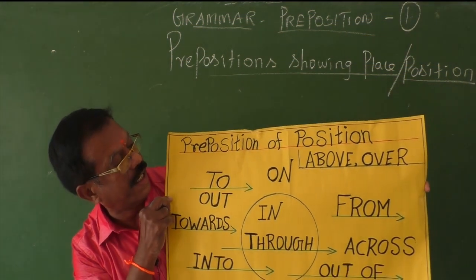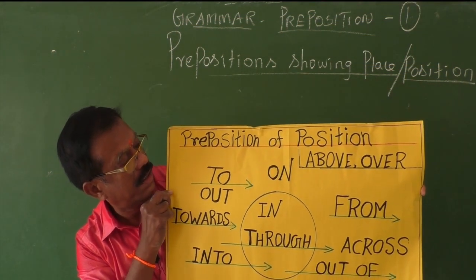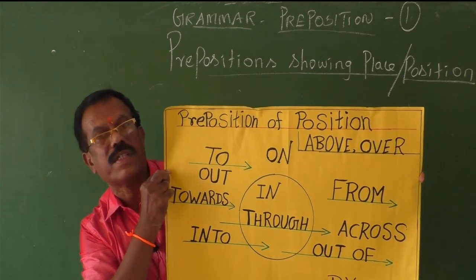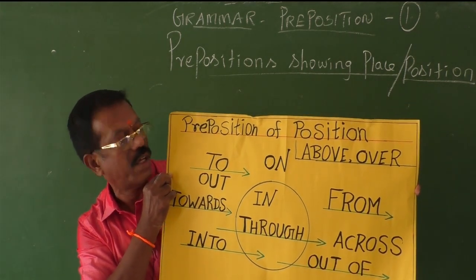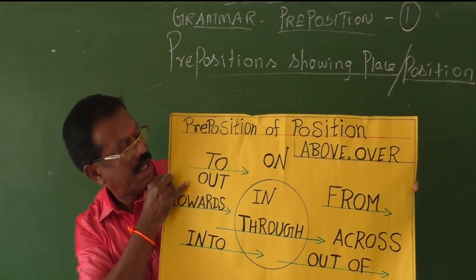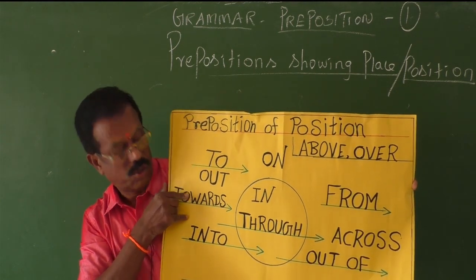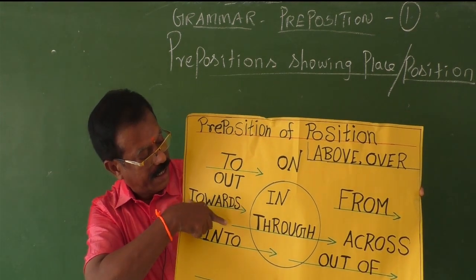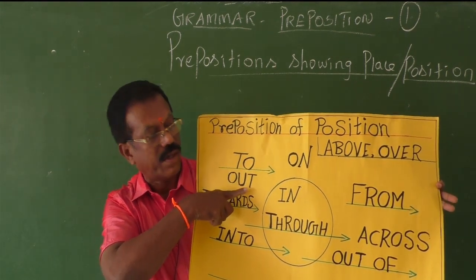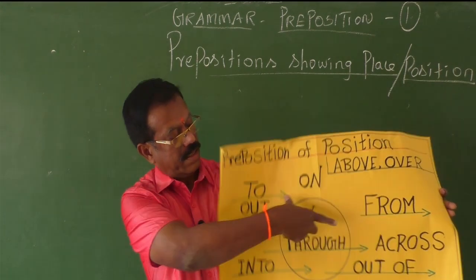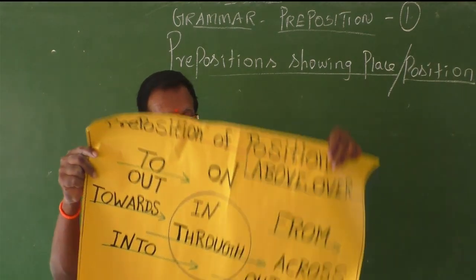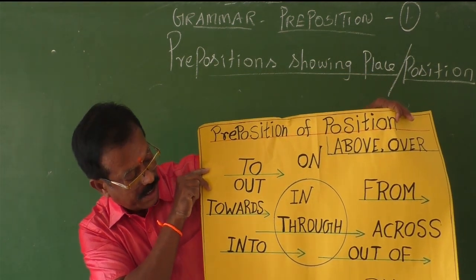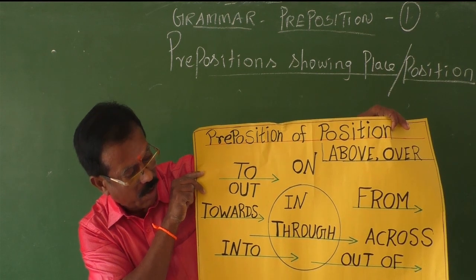This chart will give you a clear idea about above and over. At the top, on, above the surface, touches the surface, towards, out, into, through the circle, in, from the starting point, across. When you cross a place, that is called across. Then out of, by, below, under.